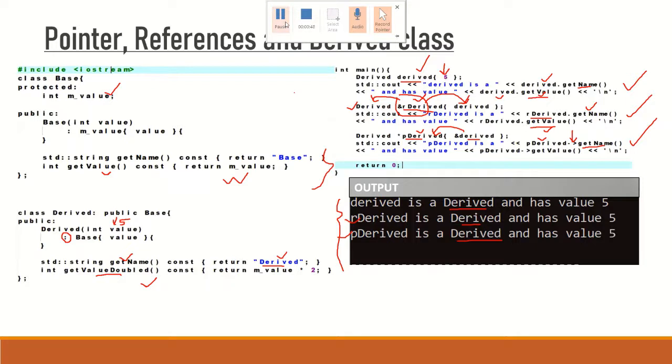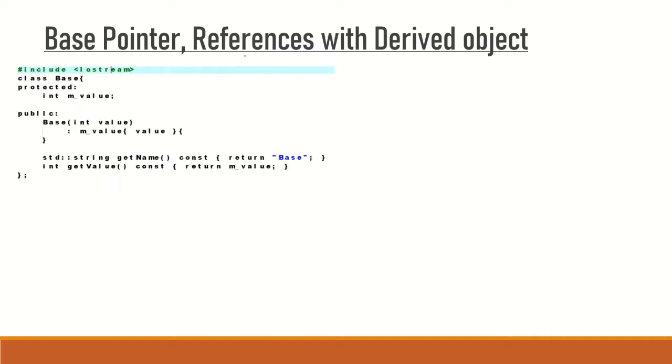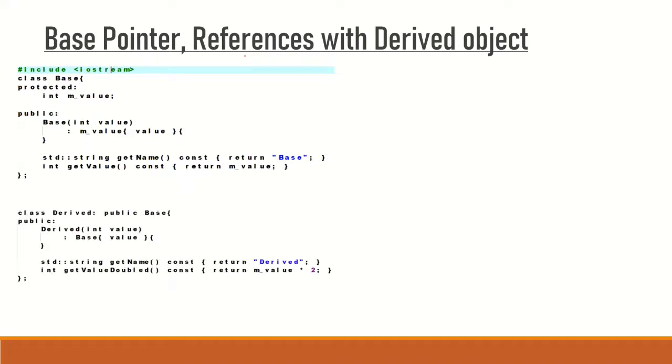Now in this next example, we're going to see whether we can call a derived class method using a base class pointer and reference or not. Our base class example will remain the same. We are not going to change anything in the base as well as in the derived class.